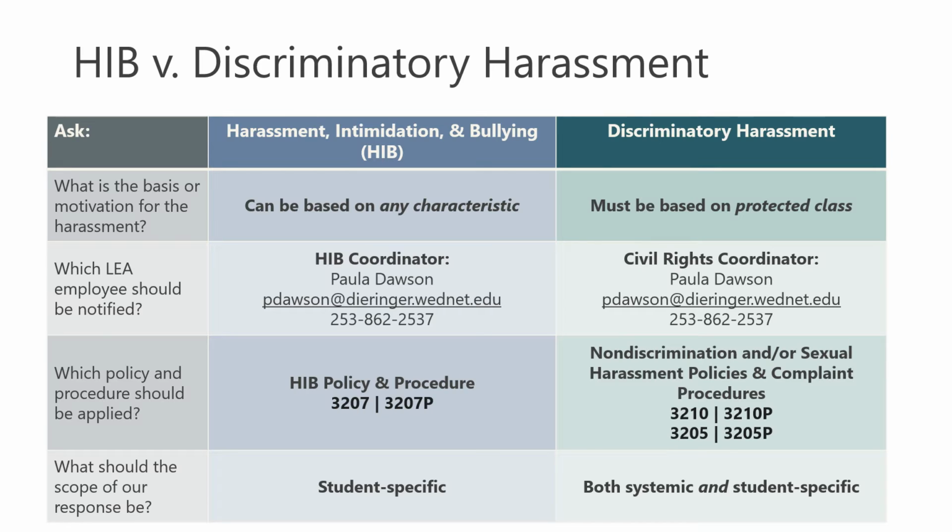When addressing incidents of discriminatory harassment, however, the response often needs to be systemic in addition to student-specific. In other words, the school asks, did the conduct occur? And if so, how should we discipline the student? And could this incident indicate a broader problem in this school or district?